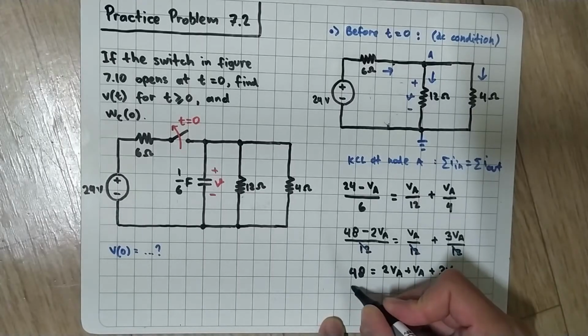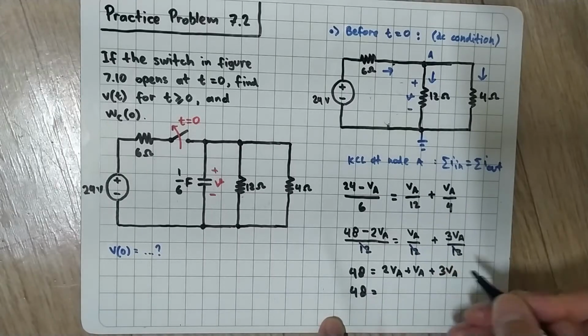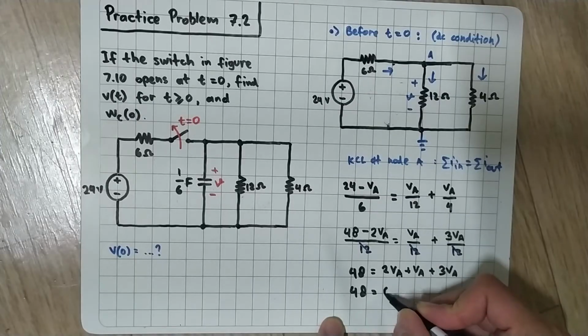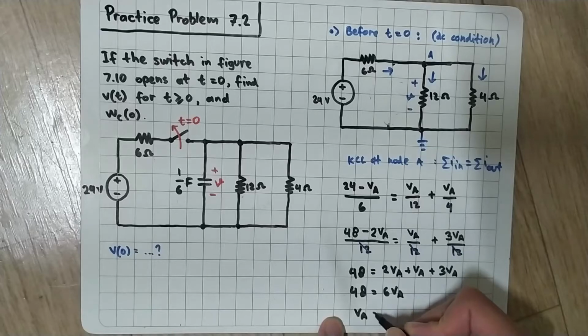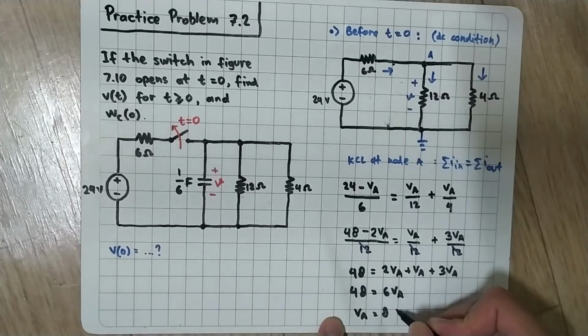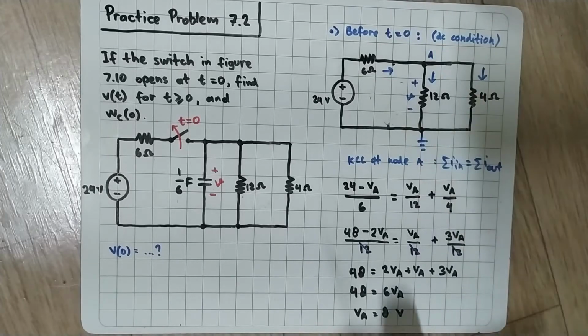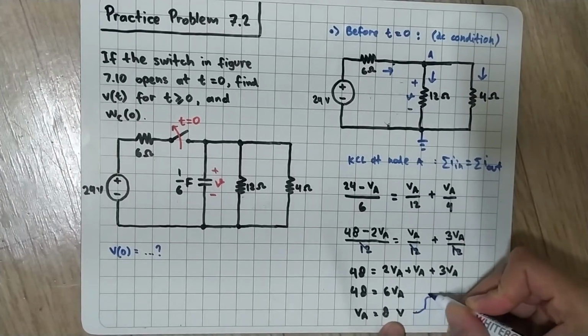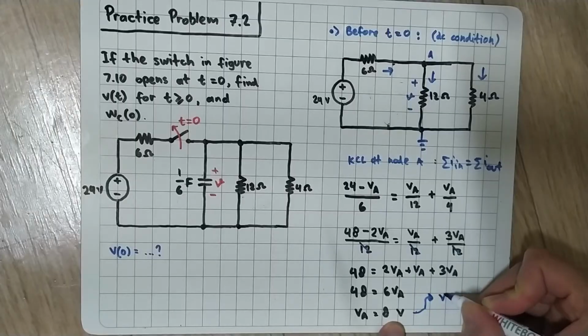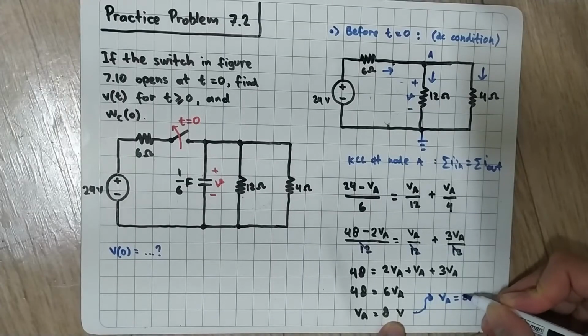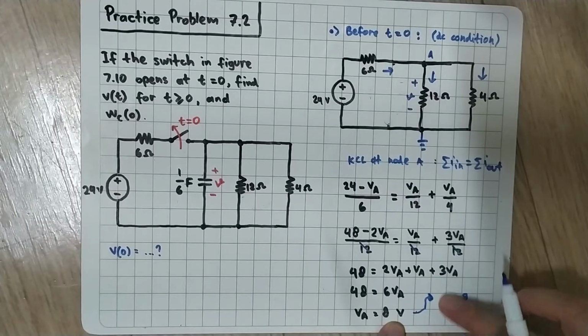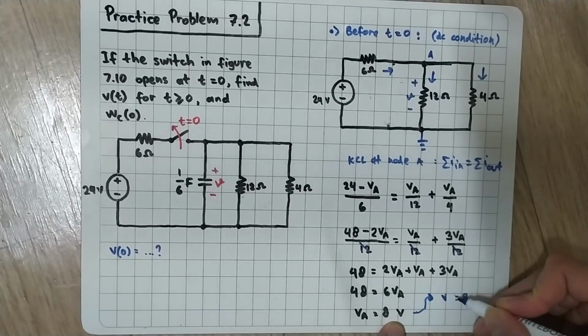Okay, I will have 48 is equal to 6 VA, and VA is equal to 8 volt. And remember, VA is equal to V, so V is equal to 8 volt.